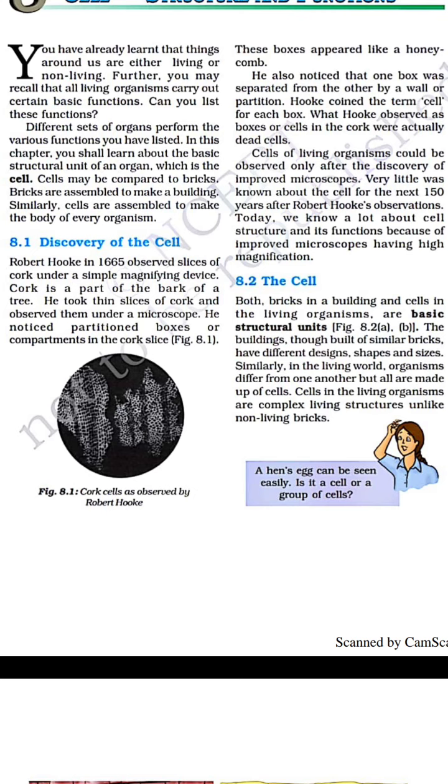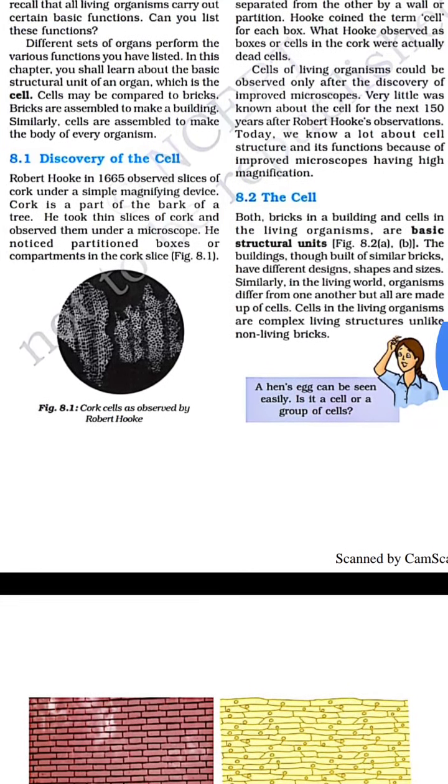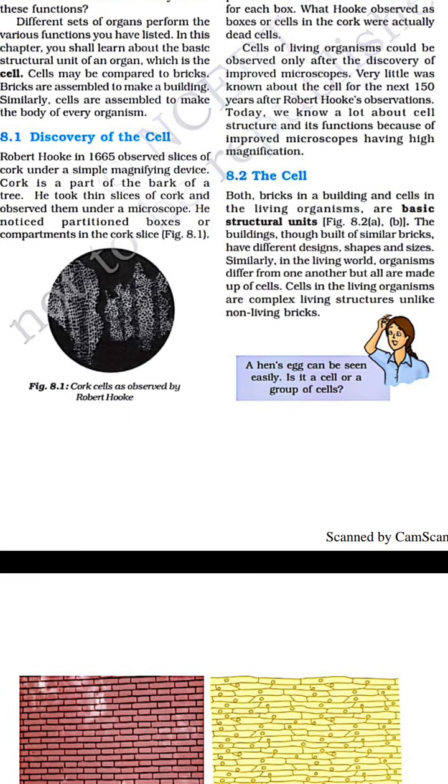Okay, so how can we define the cell? We have seen that the cell is the smallest basic structural unit, because the structure of every living organism starts with a basic unit which was named the cell.